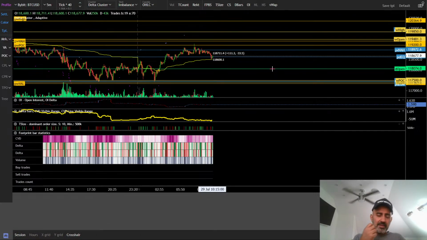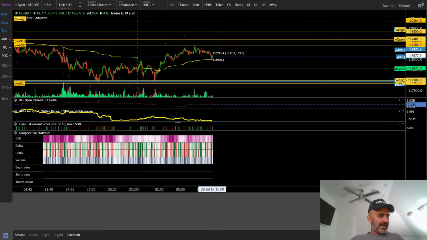Probably that's the most likely scenario, but let's see what happens. I'm just going based on probabilities. You could always fake out the highs to go down, and then if that happens, we're just going to continue ranging, and this equal triangle changes again. It changes into something else more likely than not, just because of the absorption that we're experiencing.